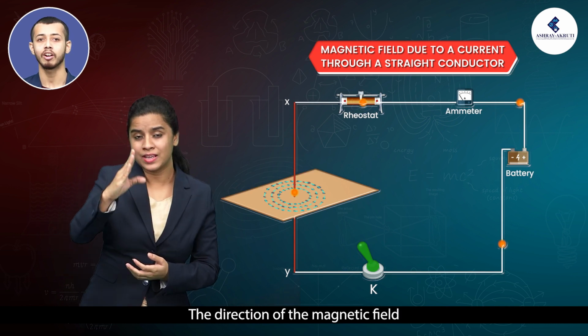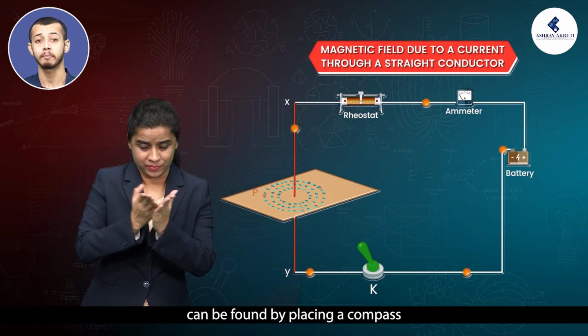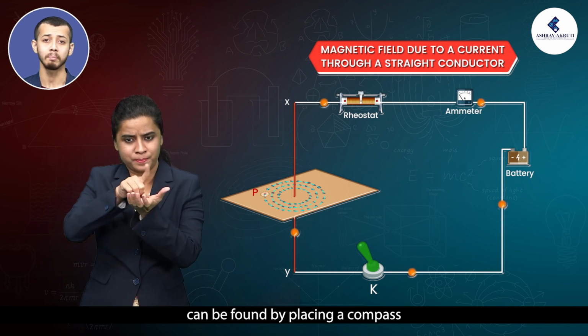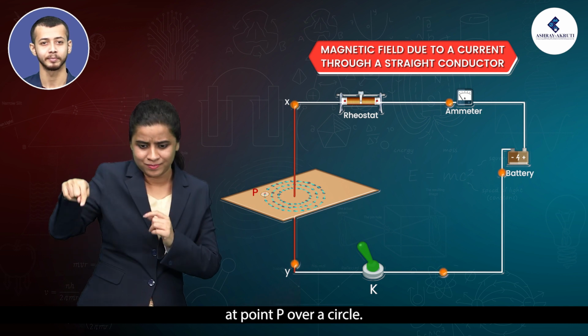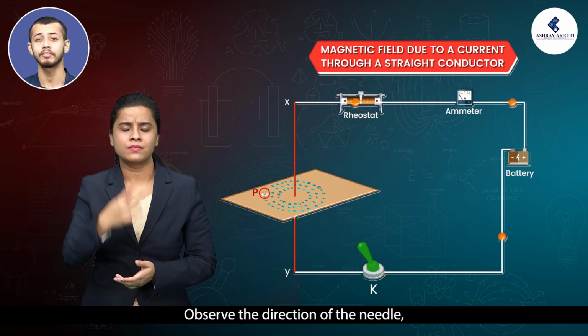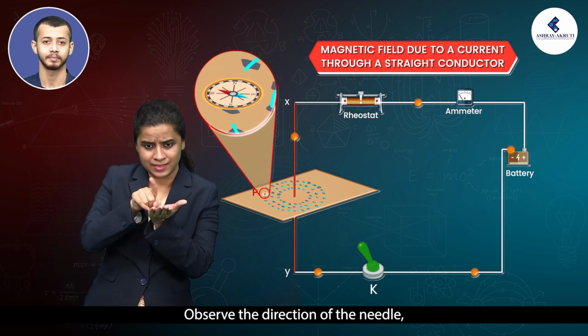The direction of the magnetic field can be found by placing a compass at a point P over a circle. Observe the direction of the needle.